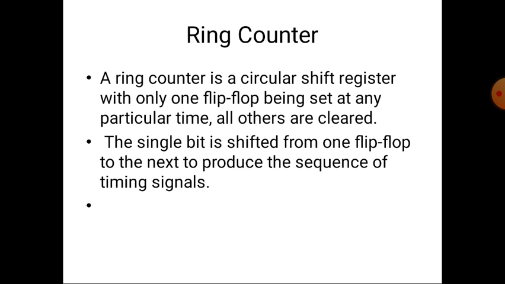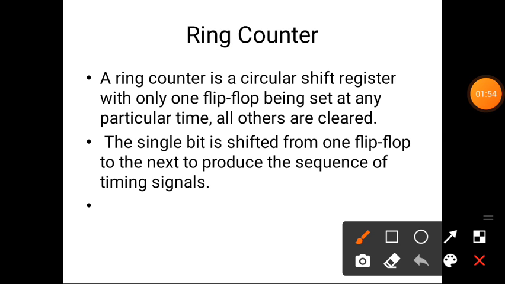Ring counter is the simplest shift register counter. Here a ring counter is a circular shift register with only one flip-flop being set at any particular time. So at any particular time only one flip-flop is set and all others are cleared.